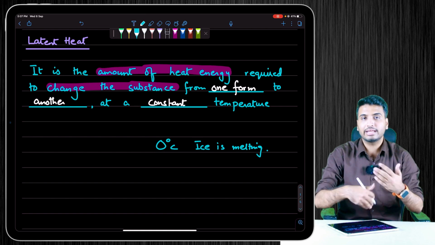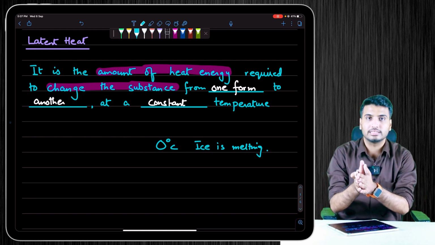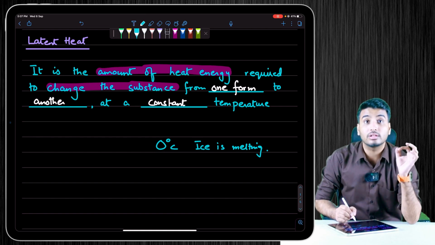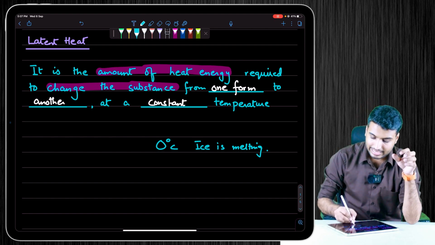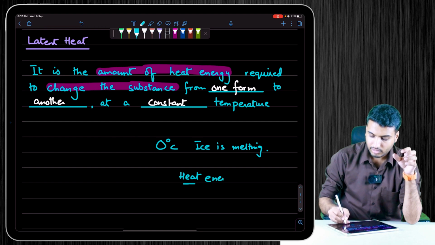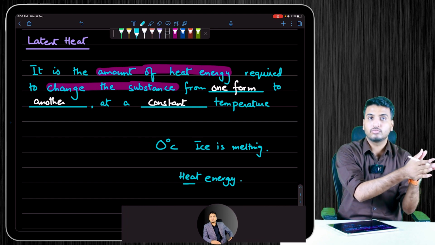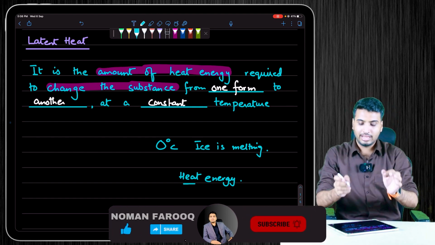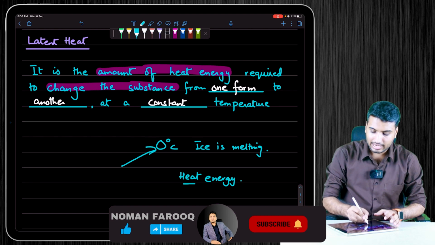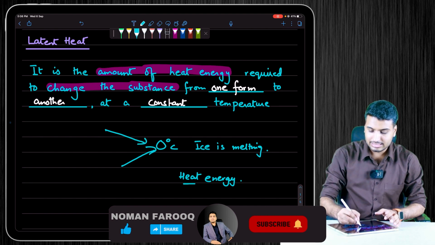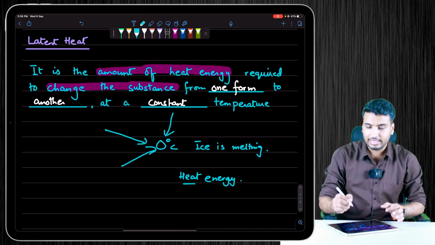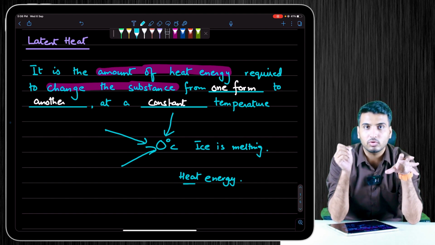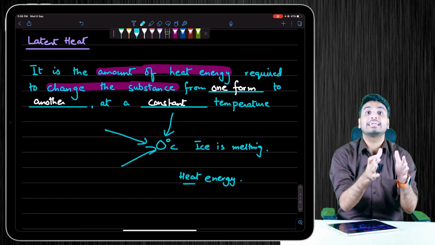As we are providing it heat, the temperature is not increasing on the thermometer. So whatever heat energy it has consumed to convert from solid to liquid at a constant temperature, which is 0 degrees Celsius in this example, that amount of heat energy is basically latent heat.